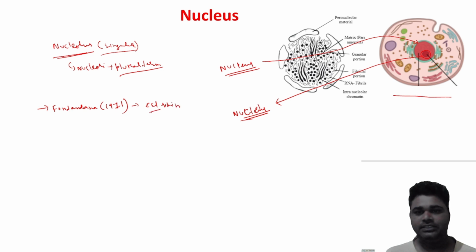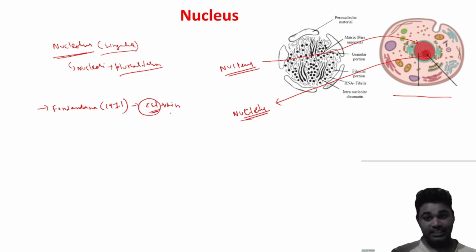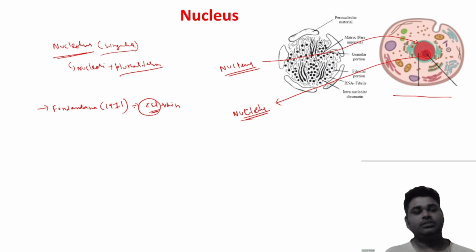Eel is a fish. So in the eel skin, Fontana discovered the nucleolus.